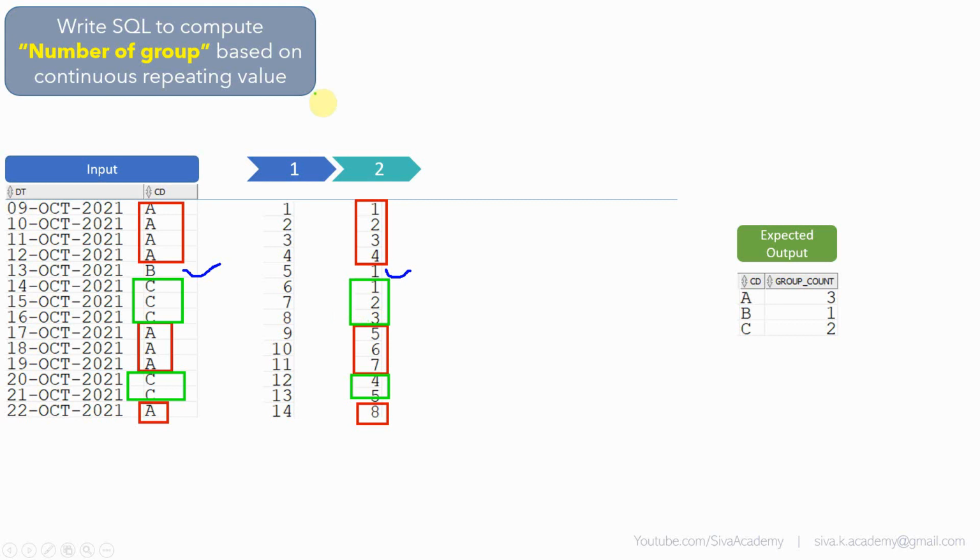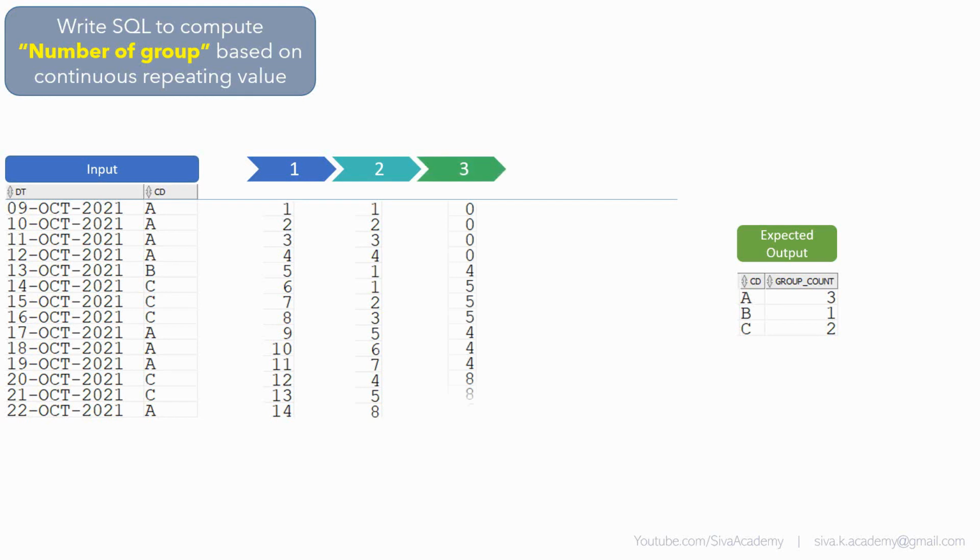Now that we have computed two things, a simple sequence and another sequence based on the code, as part of the third step I'm going to simply subtract the values we computed in step 1 and step 2 and get the third computed value. The intention of the third computed value is basically to get a unique value for each group of a code.